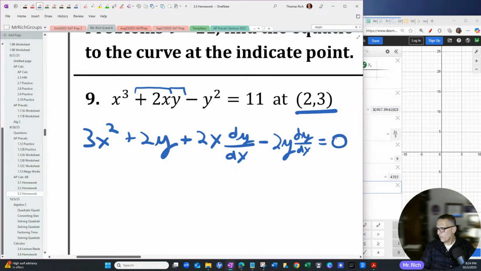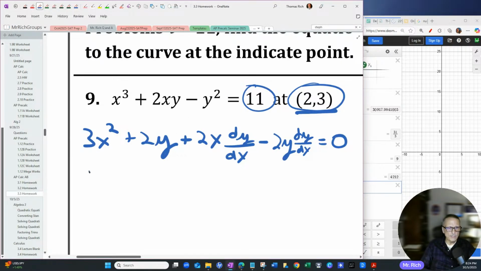Because remember, what we're doing here is we are taking the derivative on both sides of this equation with respect to x, and the derivative of a constant will be 0. Now, instead of doing the algebra on the dy/dx here, I'm going to just take the point (2, 3) and put its values into the equation and then do the algebra to solve for dy/dx.